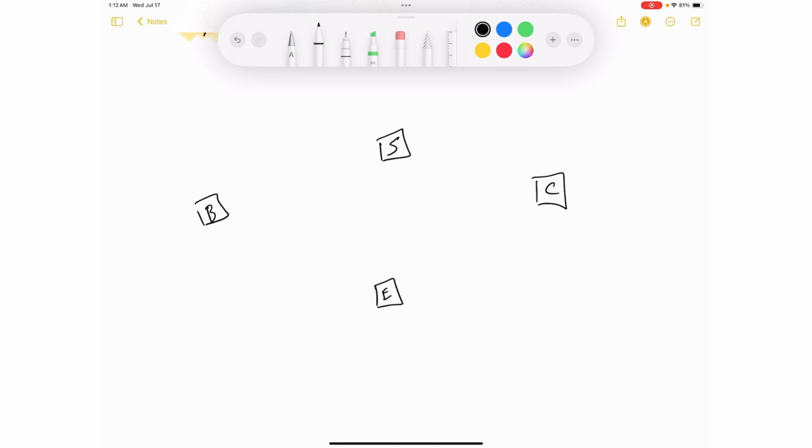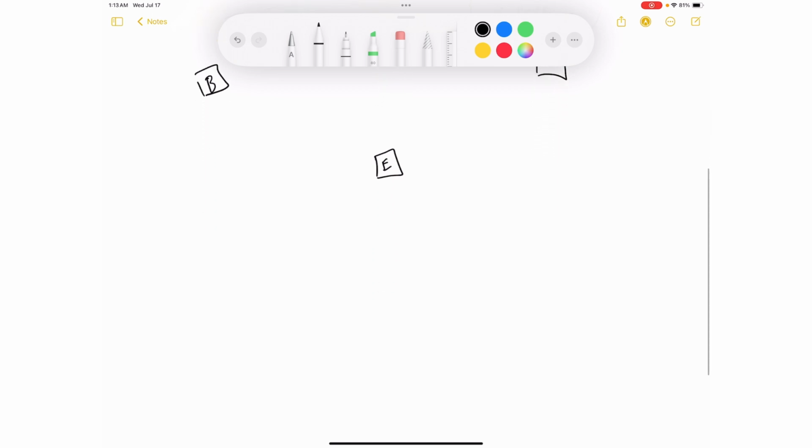I would like to draw some arrows between these objects as appropriate. Before I do that, I would like to have a small aside.